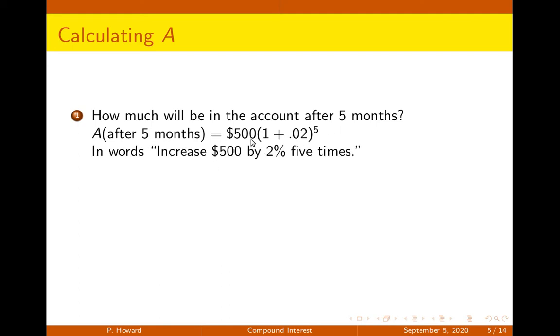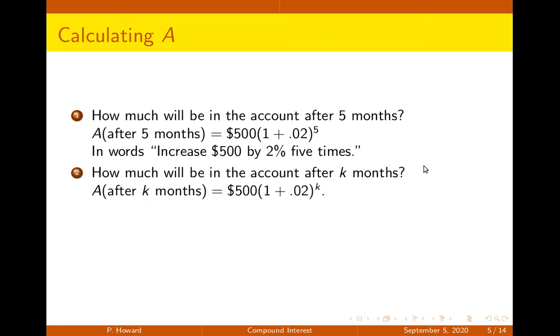So in words, this formula says increase the 500 by 2% 5 times. How much will be in the account after K months, where we're now using a variable instead of 5? We want to increase $500 by 2% K times. So 500 times the quantity 1 plus 0.02 to the K.